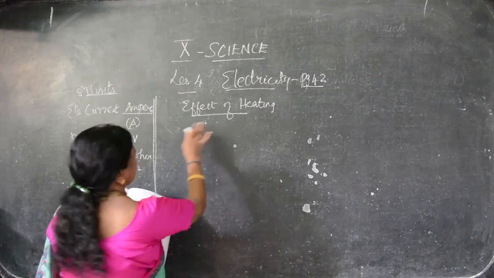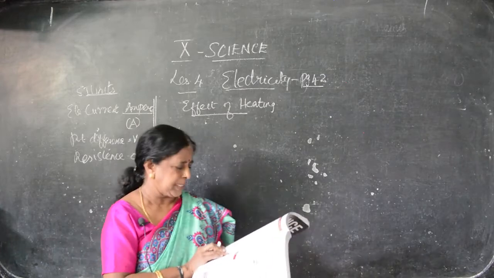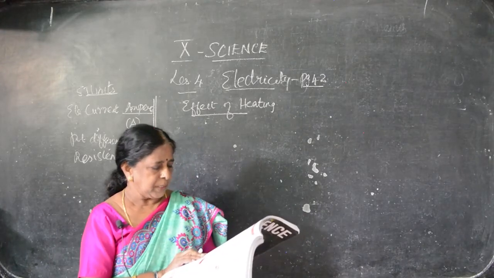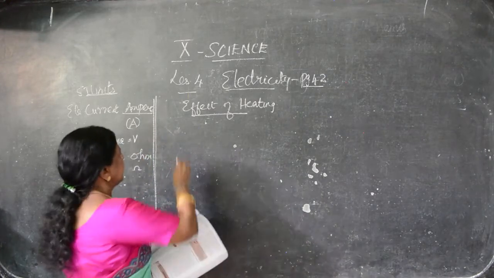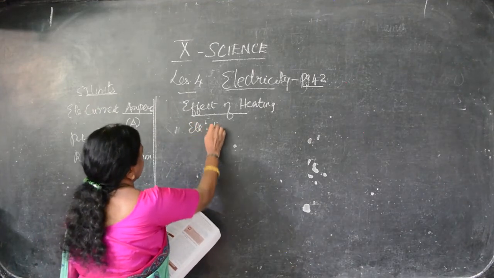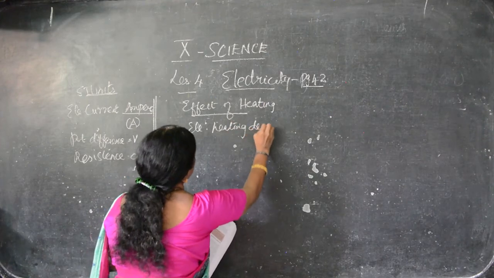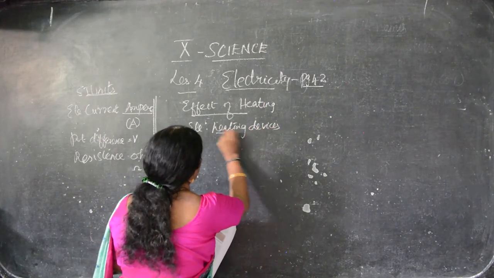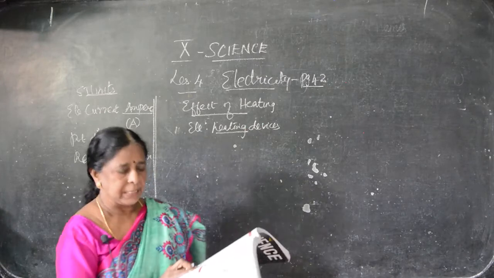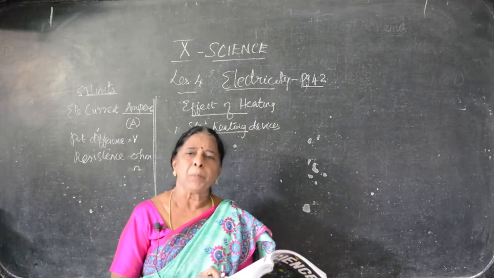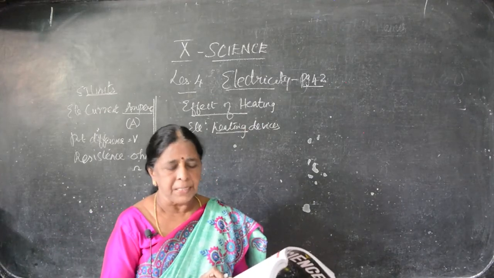So this is first where the effect of heating is used. First one is electric heating devices. Where can we use the electric current? It's used in many home appliances we use in our day-to-day life.